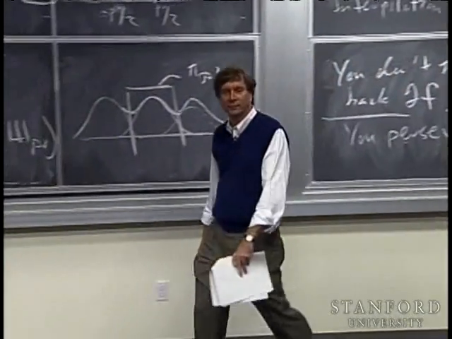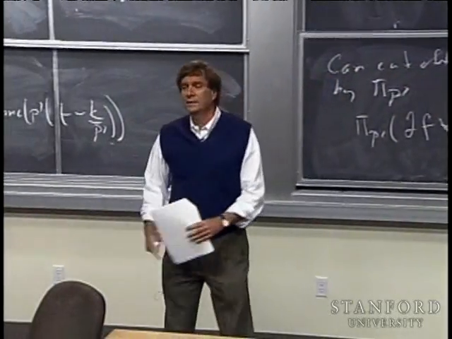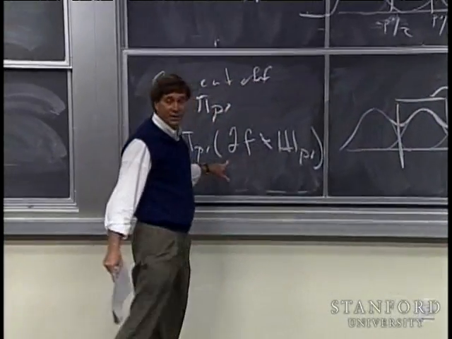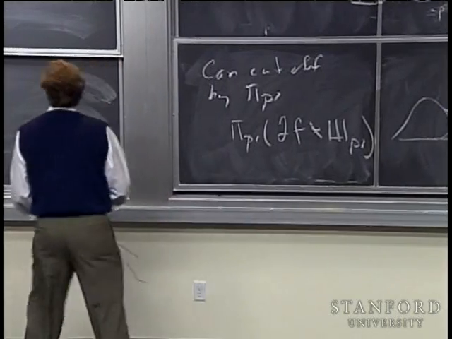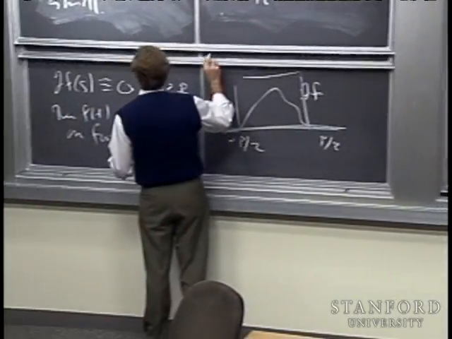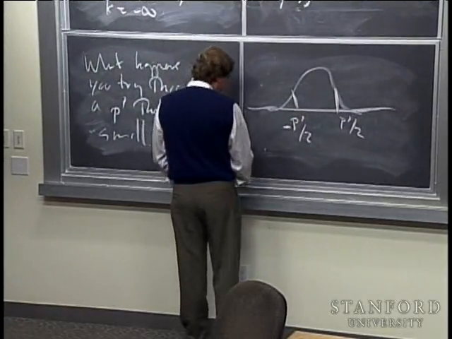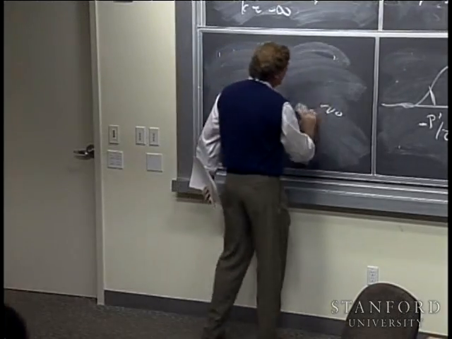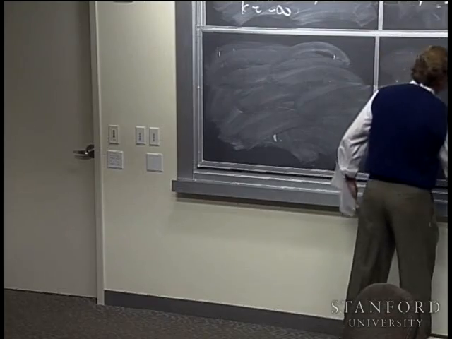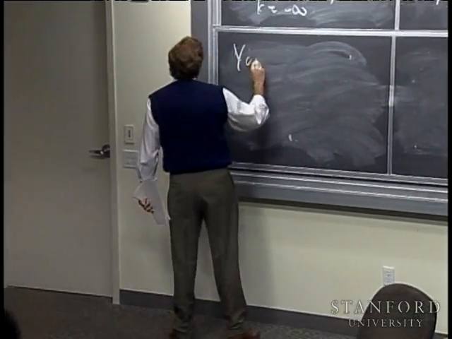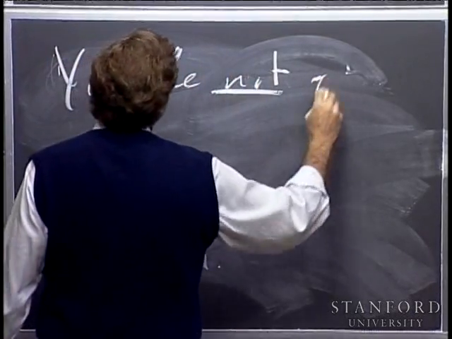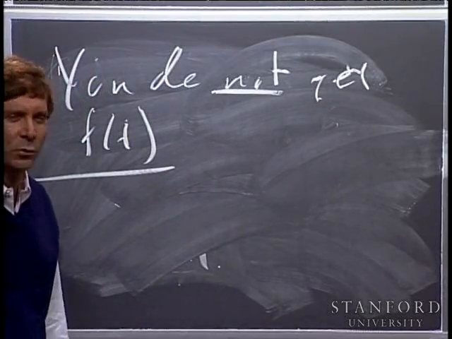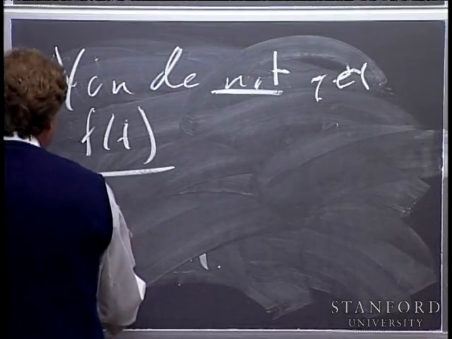But you don't get f. You can't get f because this is not the Fourier transform of f. You get something, but you do not get f of t, because the derivation of the sampling formula is identical with the proof of the sampling formula, and you don't have this.